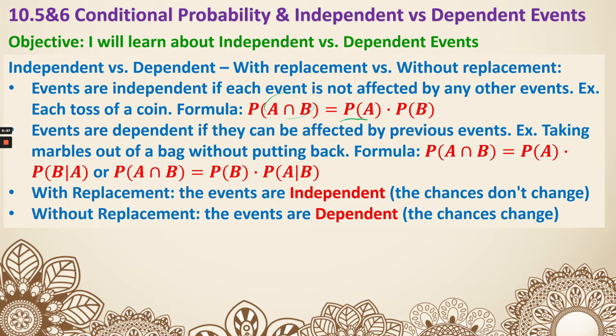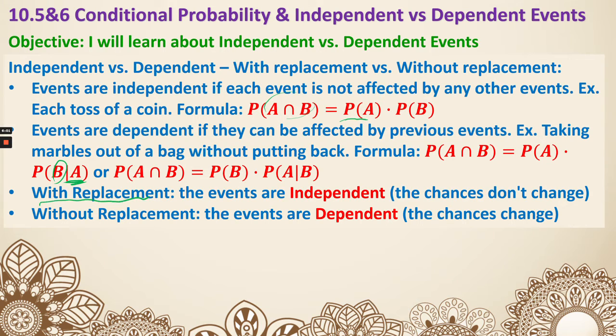That is, for example, taking marbles out of the bag without putting them back, which changes the next pick. So in that case, we're basically saying we have an event B happening given event A happened first. So the probability of A and B is the same as the probability of A times the probability of B given A already happened. So that is dependent.